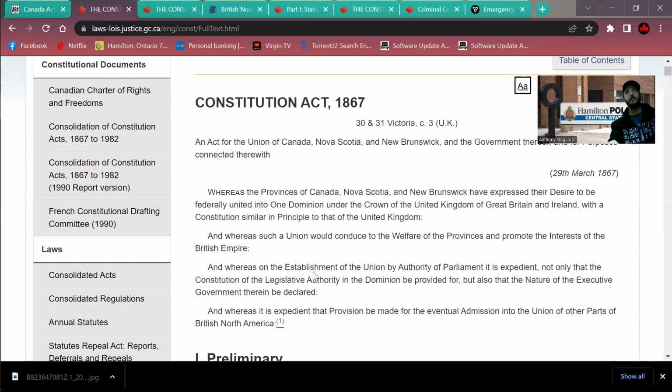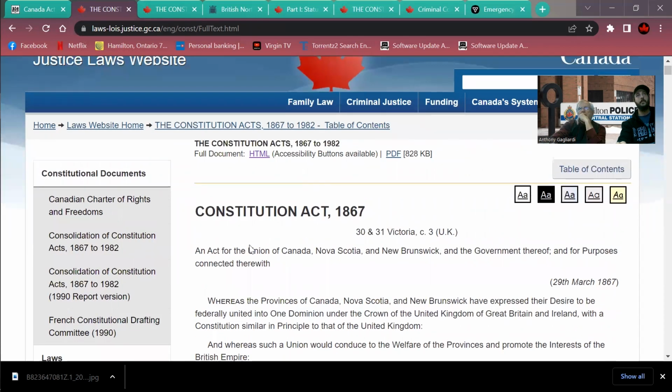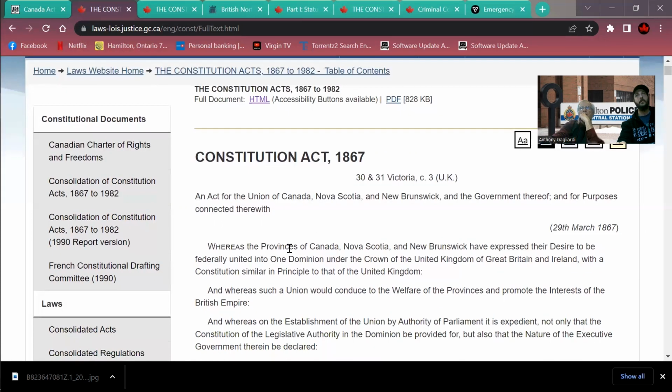Okay, so basically, I'm going to show everybody here how none of the population are taken into account in any of these laws. So this here is the 1867 Constitution Act. And it says here, it's an act for the Union of Canada, Nova Scotia, and New Brunswick, and the government thereof, and for purposes connected therewith.